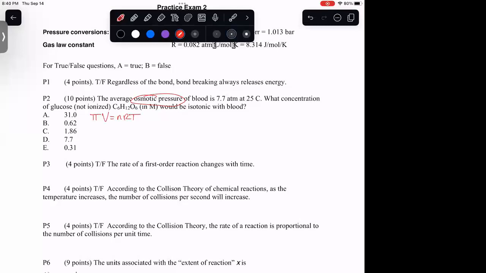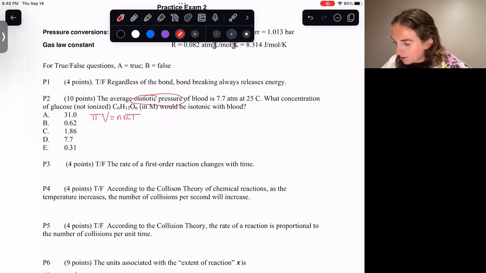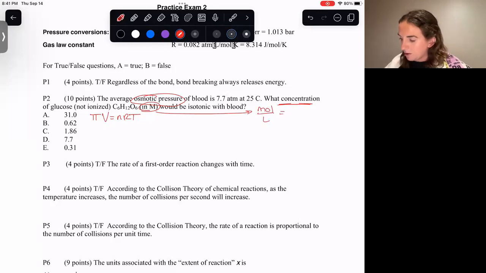So it'll be your moles over V, and we're looking for n over V. Awesome, perfect. In our question, it's telling us in capital M, molarity, so we're looking for moles over liters, which would here be n over V. So we need to manipulate our equation so that we get n over V.